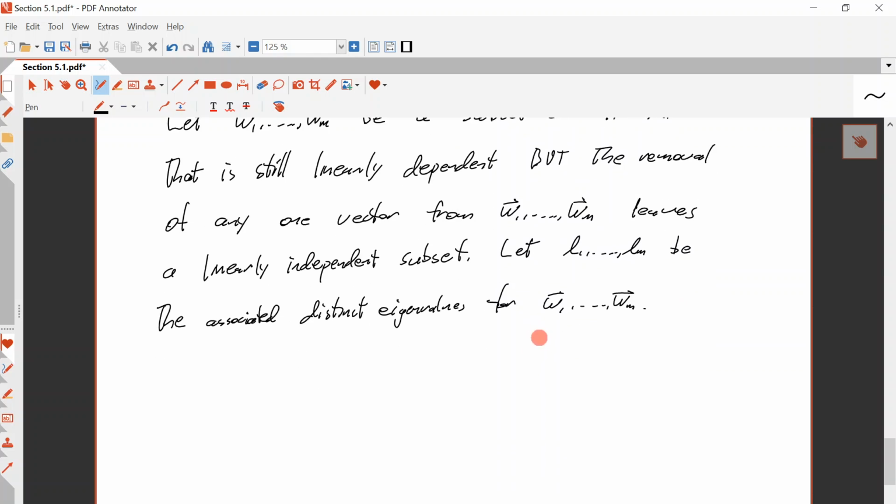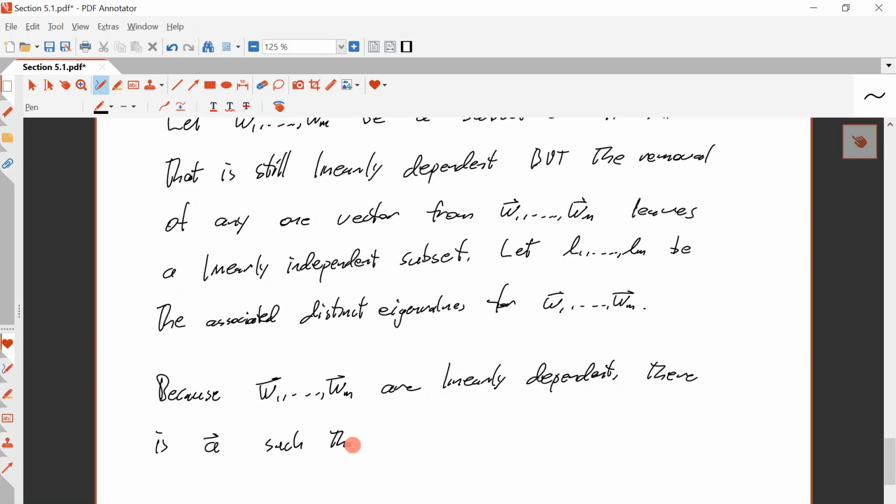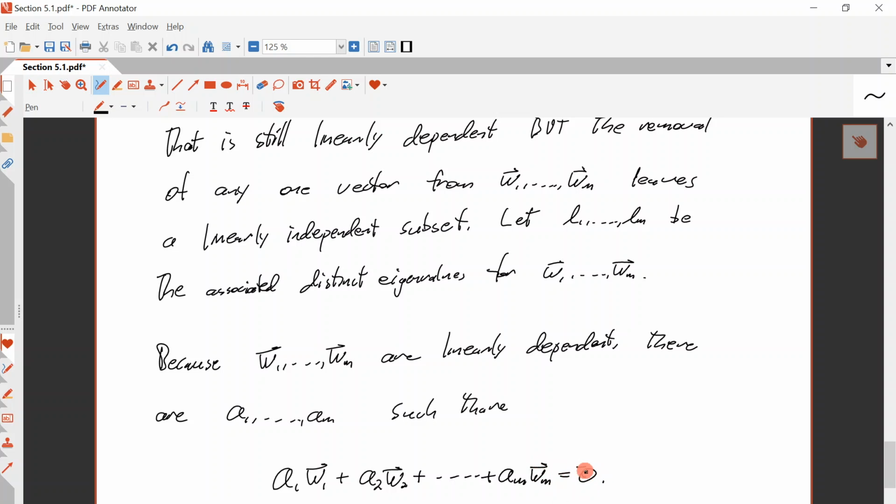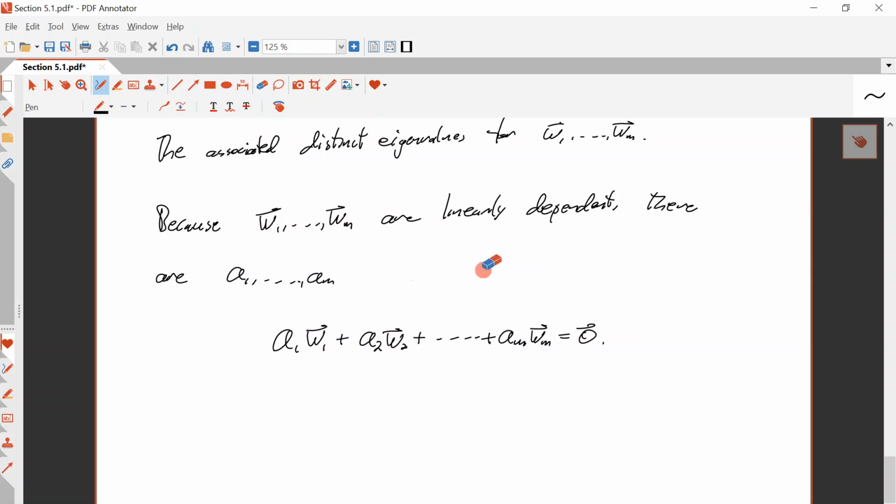Notice, because W1 to Wm are linearly dependent, there are scalars A1 to Am such that A1 W1 plus A2 W2 plus through Am Wm is equal to 0, not all 0.